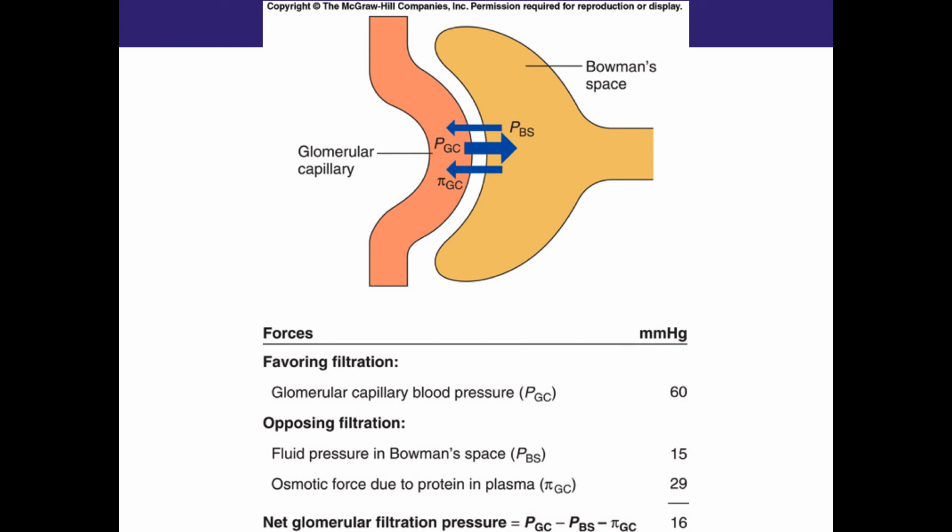It's not water, but you are filtering plasma. But you shouldn't be filtering any larger blood proteins, right? You shouldn't be filtering any larger blood proteins. So the oncotic pressure in Bowman's space is 0. You can take that right out, unless there's a pathophysiological state.